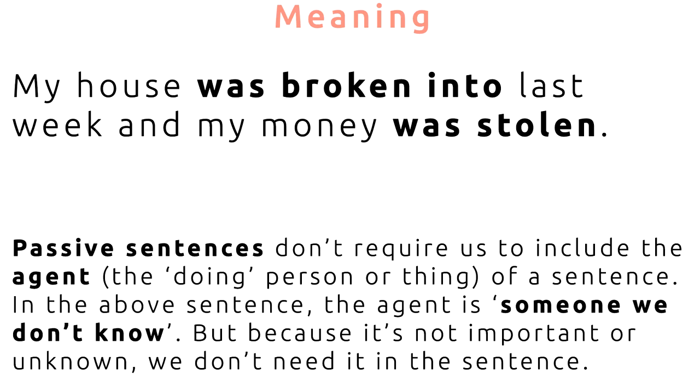Passive sentences don't require us to include the agent, the doing person or thing of a sentence. In the above sentence, the agent is someone we don't know. But because it's not important or unknown, we don't need it in the sentence.